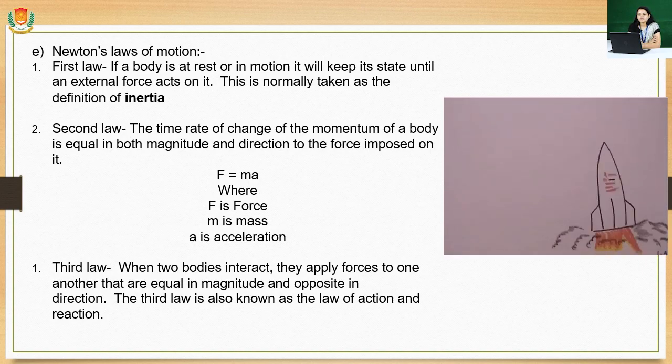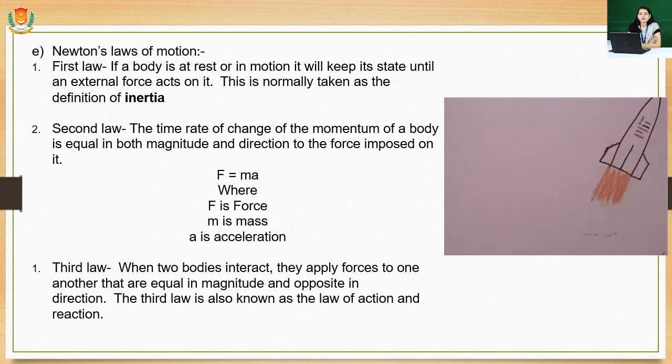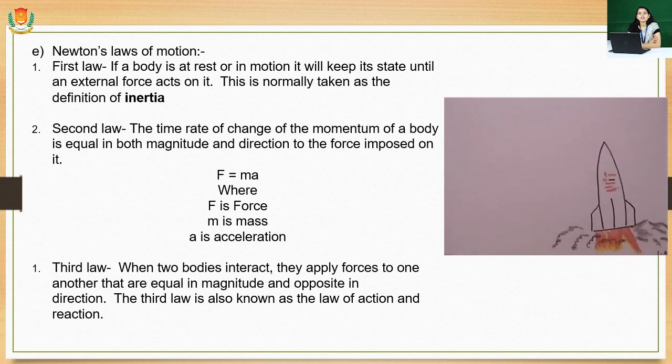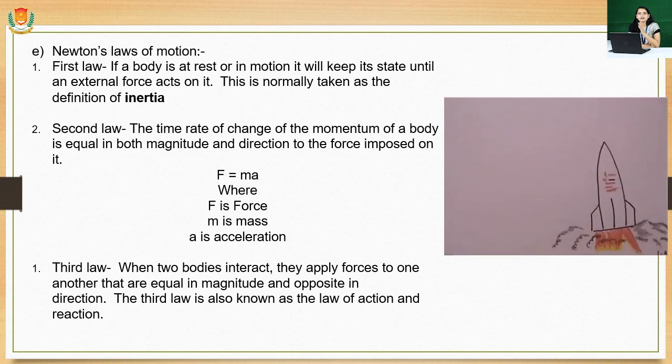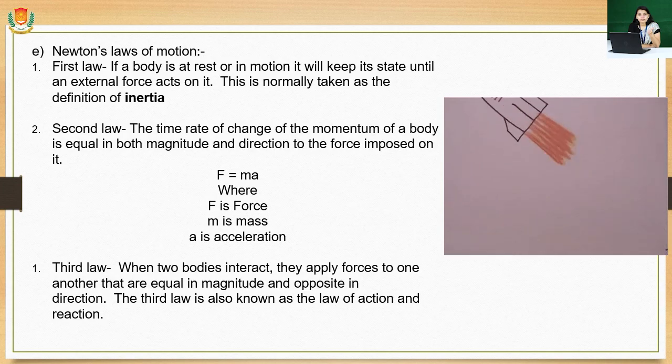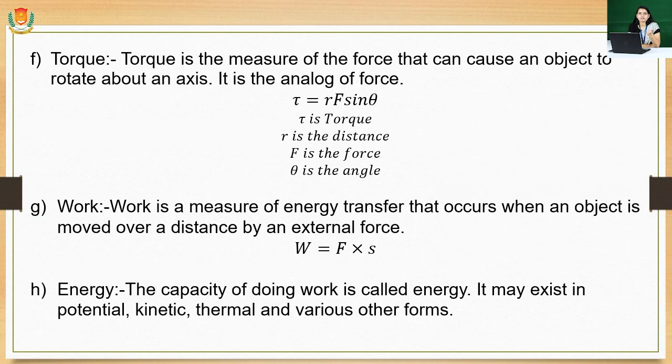Torque is the measure of the force that can cause an object to rotate about its axis. It is the analog of force. Torque is represented as r into F into sine theta, where r is the distance, F is the force, and theta is the angle.